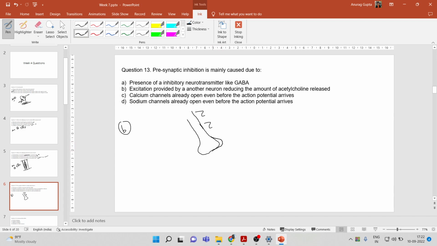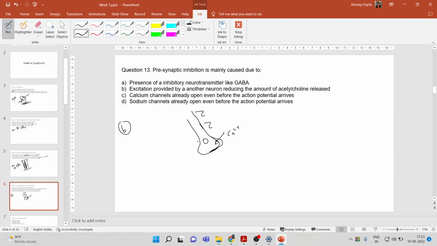Once the action potential reaches the end bulb, there's a huge influx of calcium, and we have these vesicles here which detect the change in calcium concentration. There are sensors on these vesicles, and these sensors start moving towards the end of the membrane here, and then acetylcholine is released from these vesicles. So that is what happens.